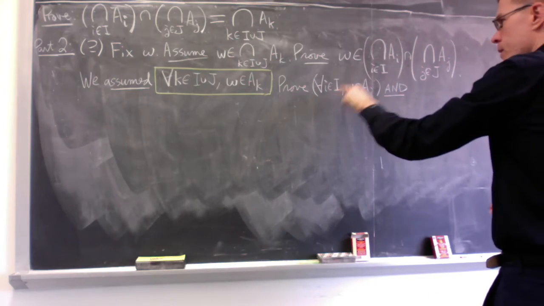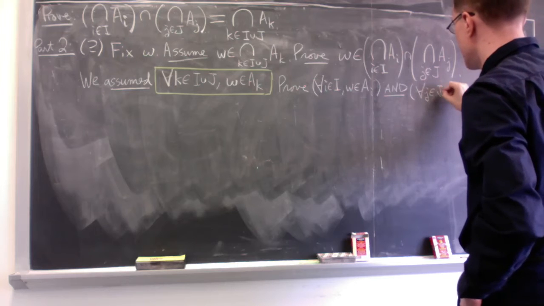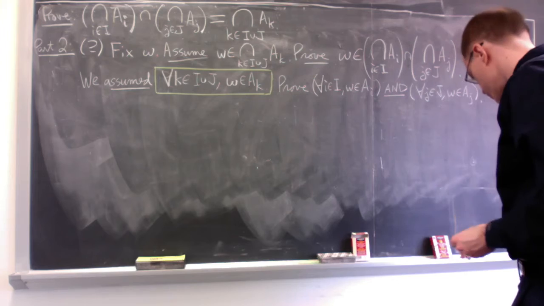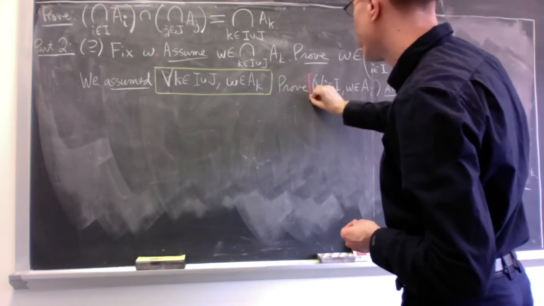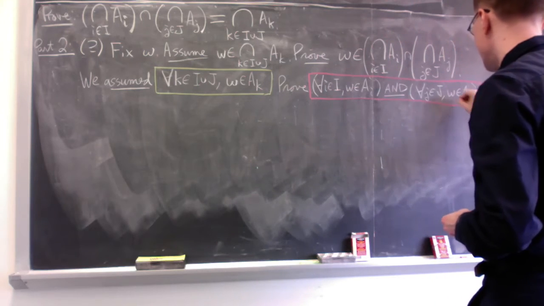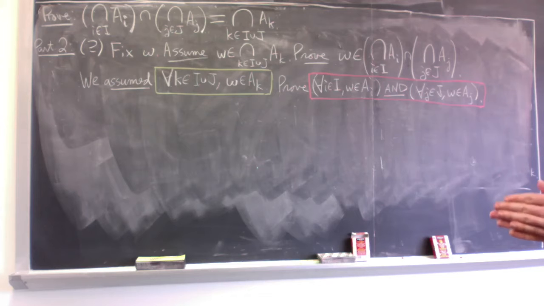This turns into an and, and then you get these universal quantifiers: w in A_i, w in A_j. That was the assumption in part 1. It's now the goal in part 2. What's a new letter for w? Okay. And anyway, so now we're here, right? What do you do now?